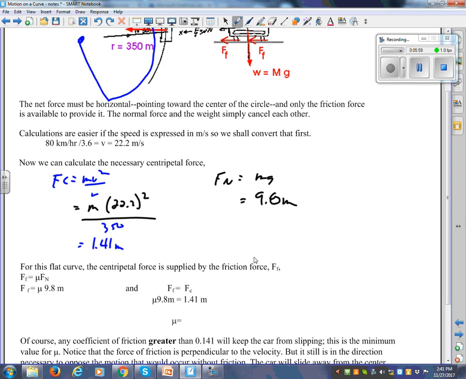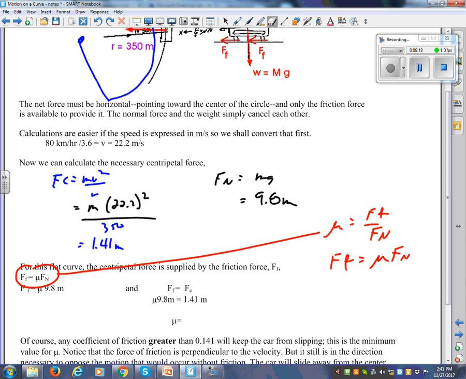Now, have you seen this formula before? Mu equals Ff over Fn, which is just Ff equal to mu Fn. That's all it is. Now Fn is equal to 9.8 m, so we're going to stick that in there.